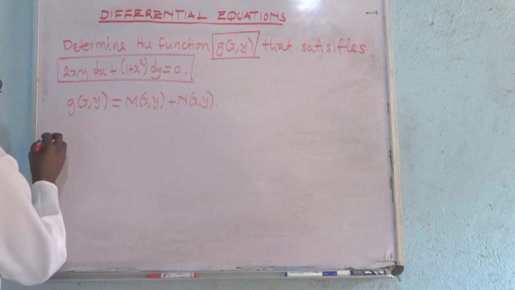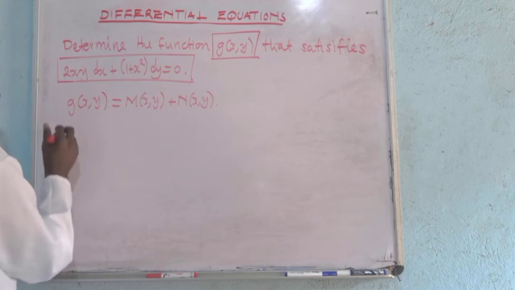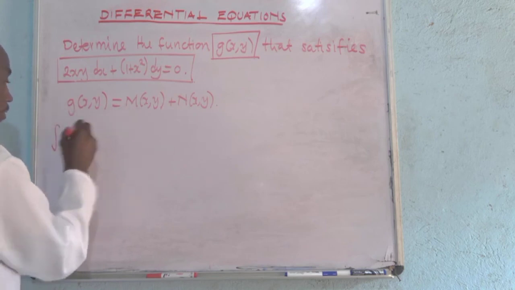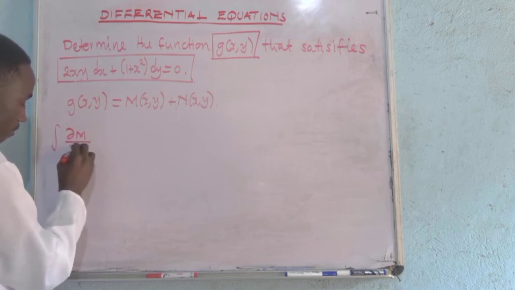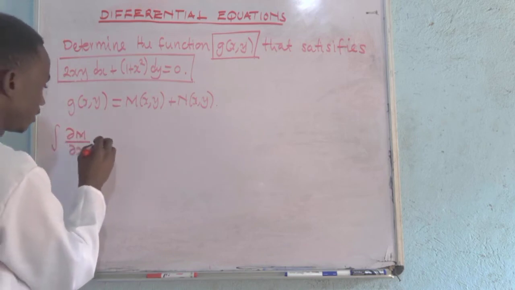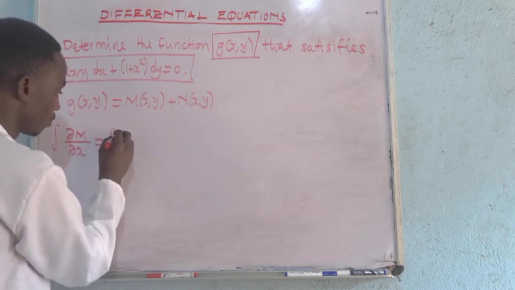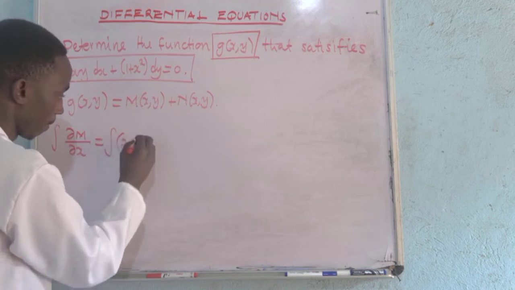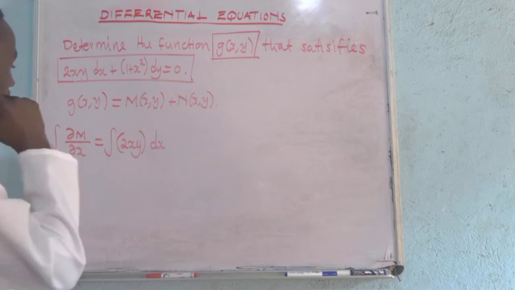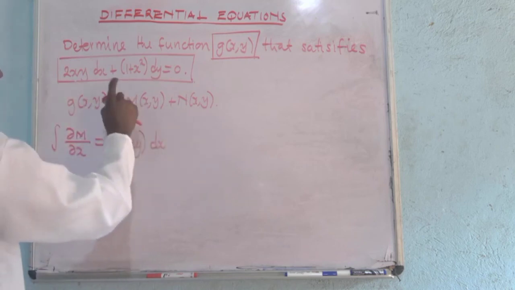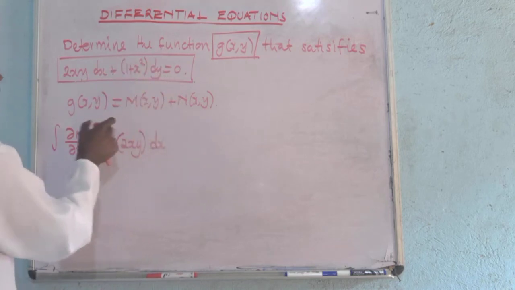That's to say, we're integrating M, which is 2xy dx, and also we need to integrate this part here with respect to y in order to obtain g.